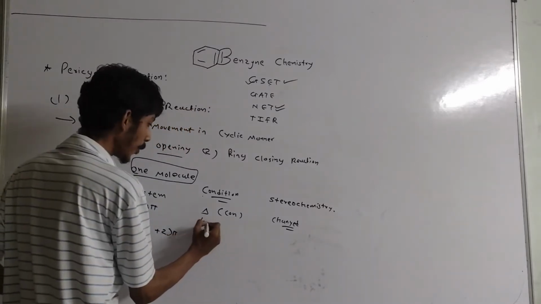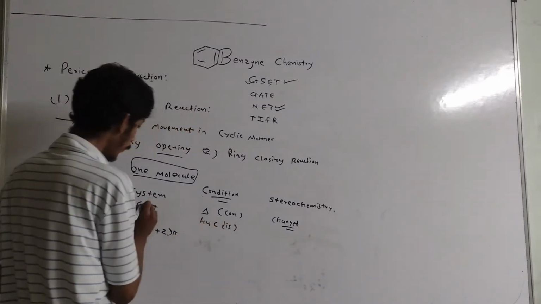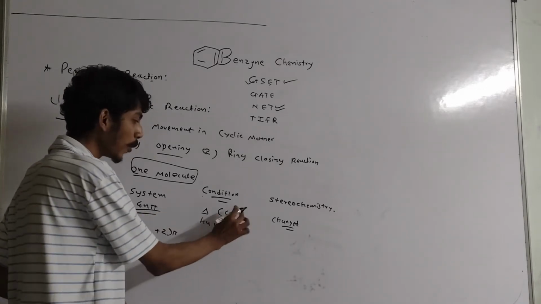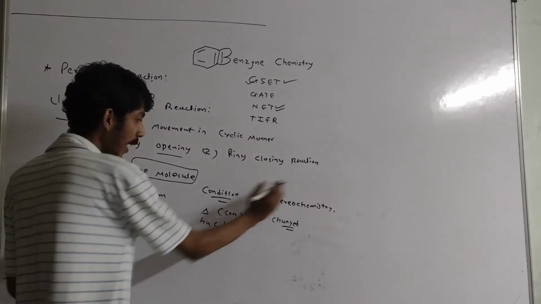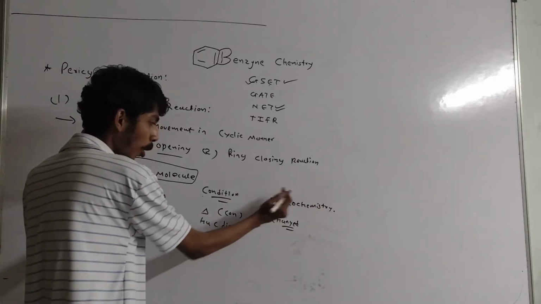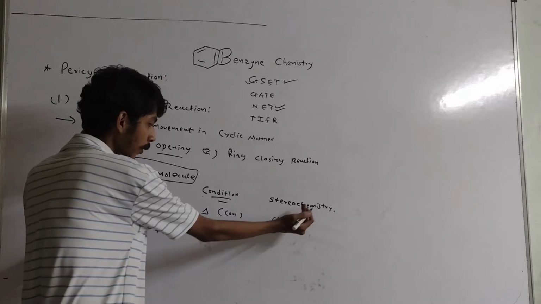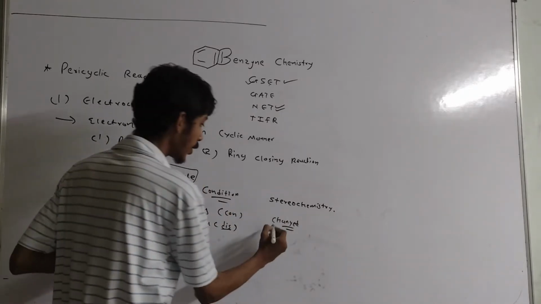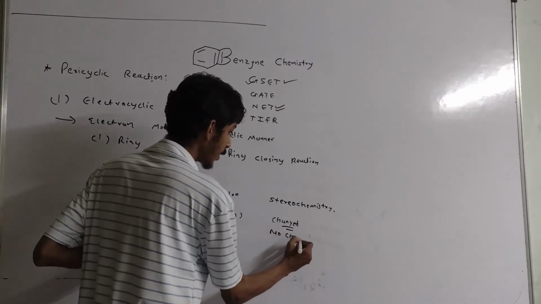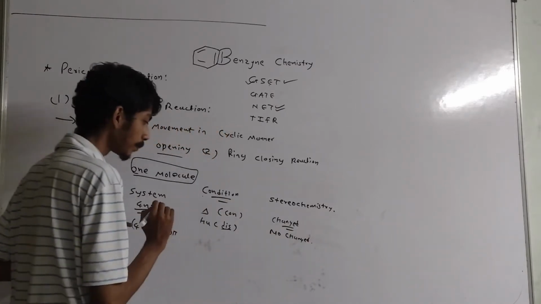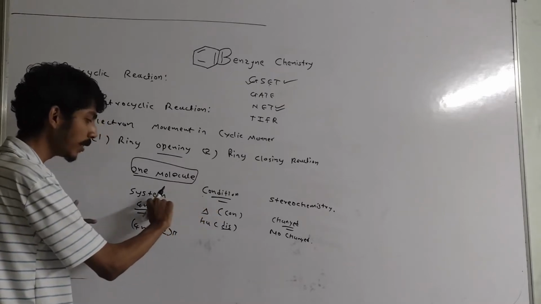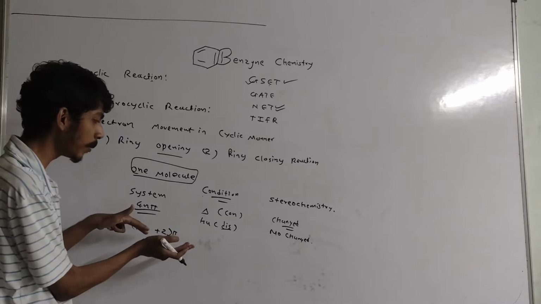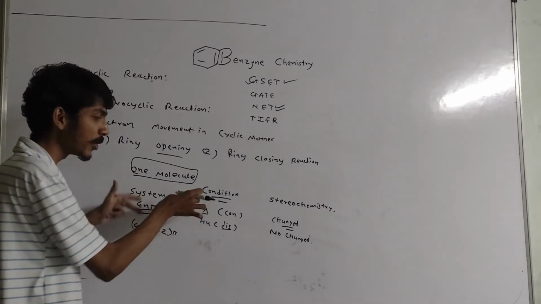In the photochemical condition, the 4n pi system undergoes disrotatory motion, and in disrotatory there is no change in the stereochemistry. I will tell you what conrotatory and disrotatory are. I summarize all this in one table. You have to memorize only one system, and then you automatically know the second, because the second system is just opposite to the first.